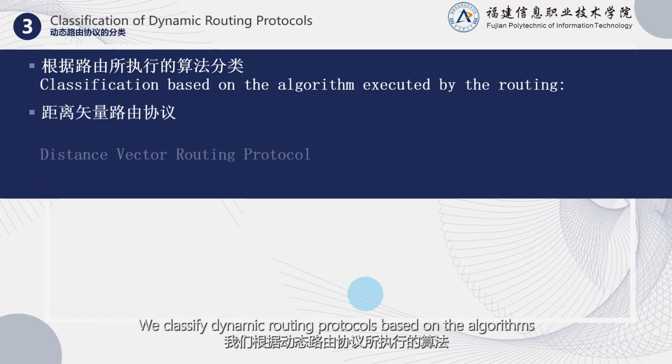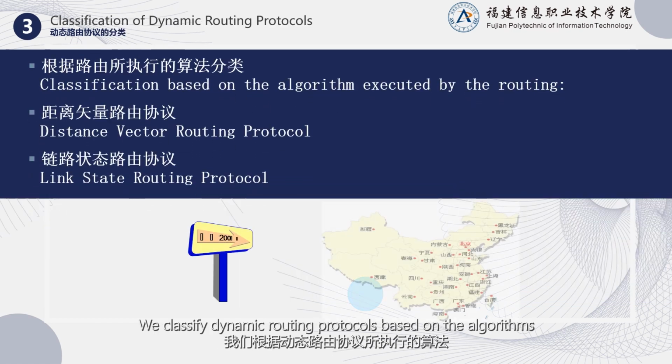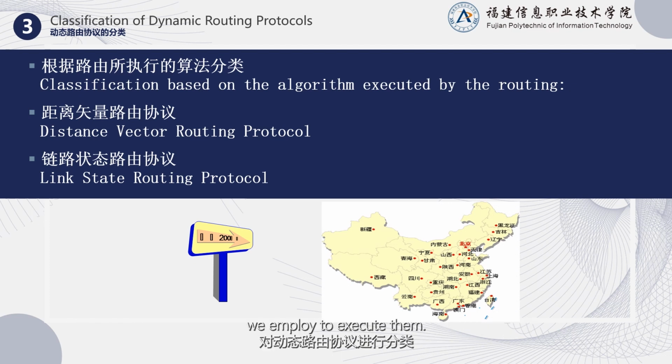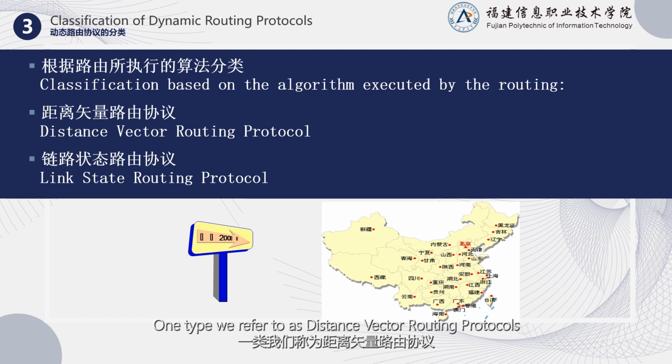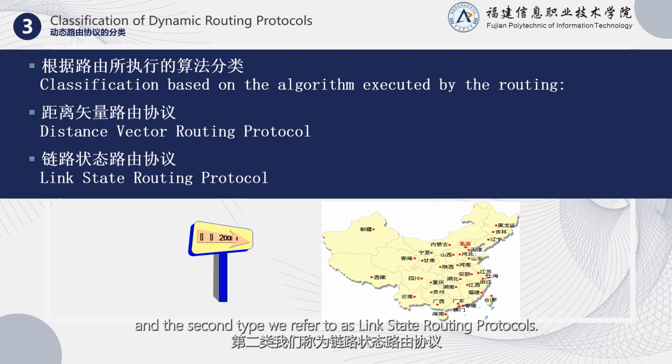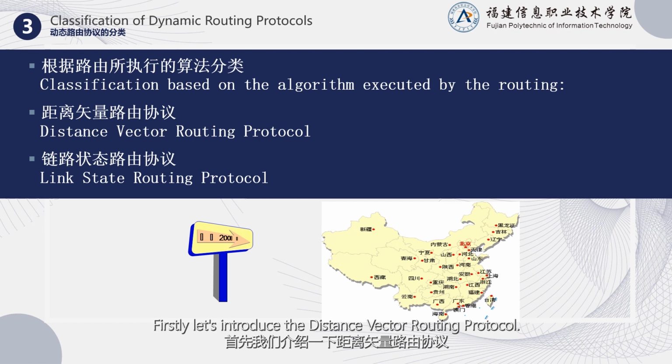We classify dynamic routing protocols based on the algorithms we employ to execute them. One type we refer to as distance vector routing protocols, and the second type we refer to as link state routing protocols.